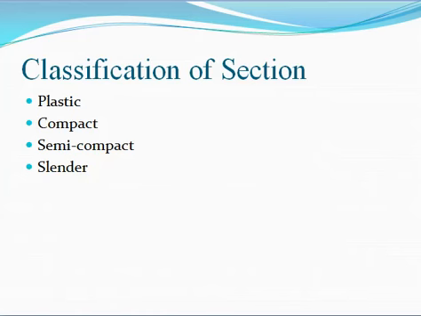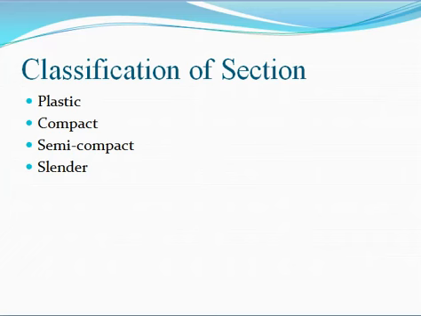Class 1, that is plastic: cross sections which can develop plastic hinges and have the rotation capacity required for the failure of the structure by formation of plastic mechanism. The width to thickness ratio of the plate elements shall be less than that specified under class 1 plastic, given in table number 2.